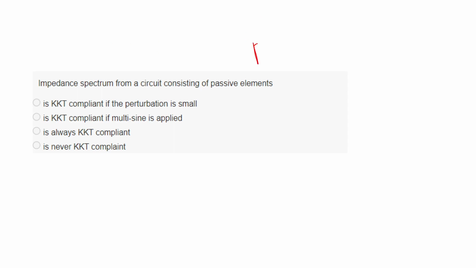Passive elements means the resistor, capacitor, and inductor. Always KKT compliant, correct. Because the idea is that if you are using passive elements to model the circuit, it is always KKT compliant.